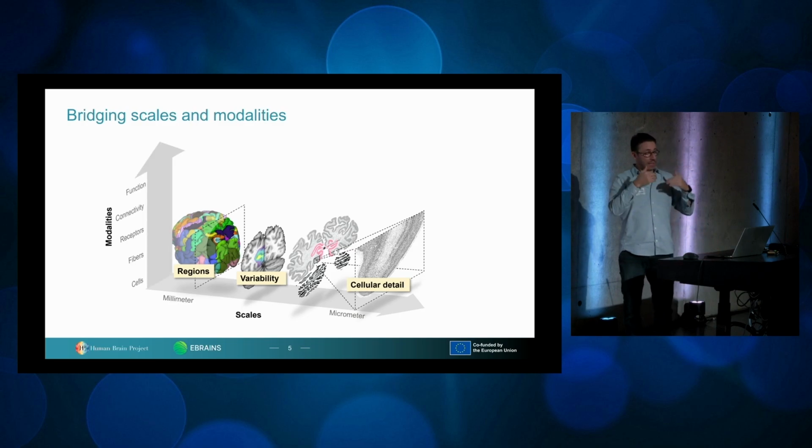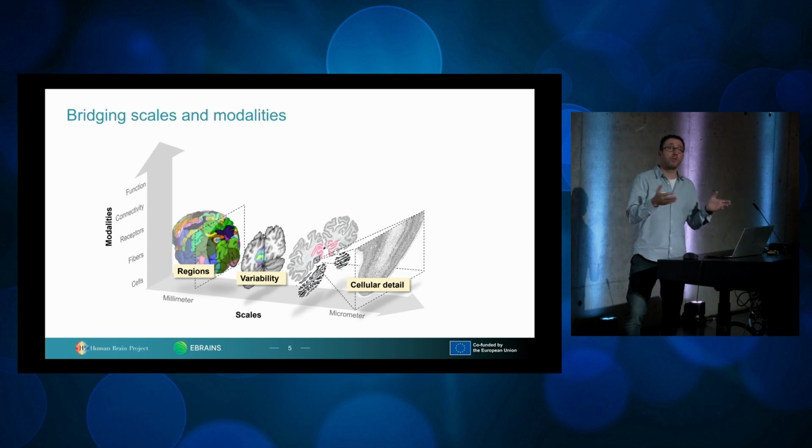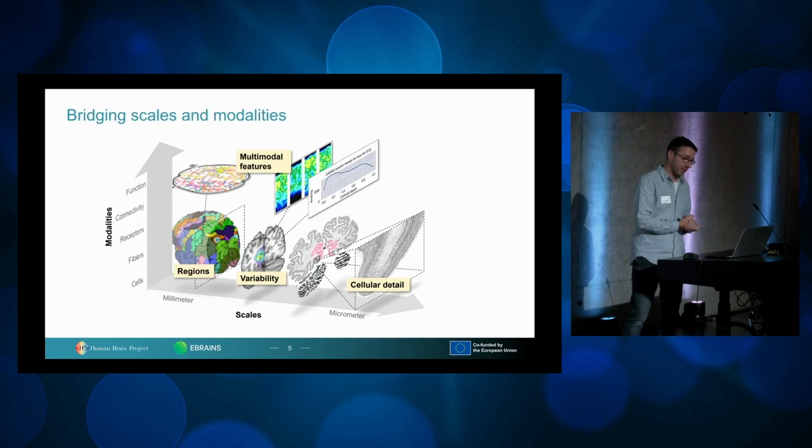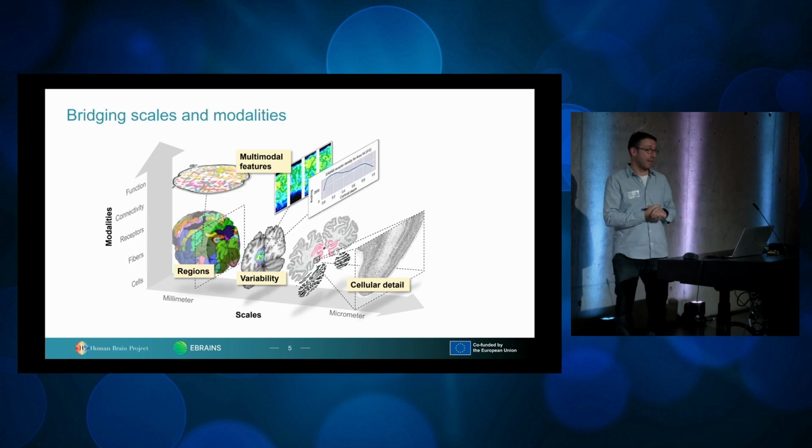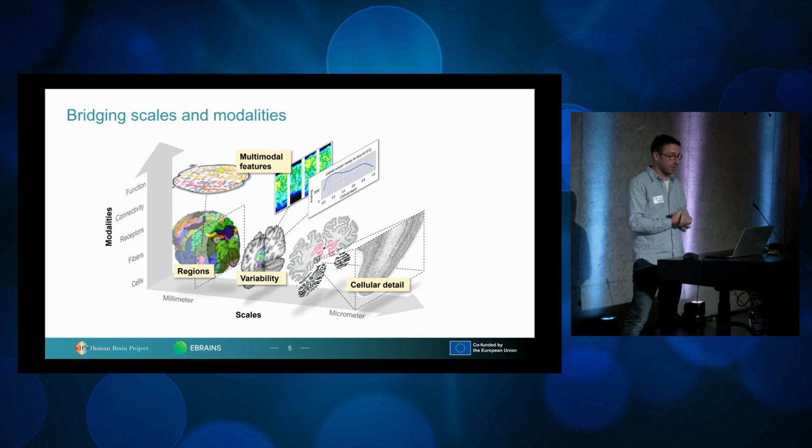The other level is, of course, different modalities. What I've shown here is mostly cytoarchitecture, cell bodies, and there are, of course, other modalities. So there are nerve fibers, genetics, connectivity, you name it. The idea is also to build similar connections to these other modalities.